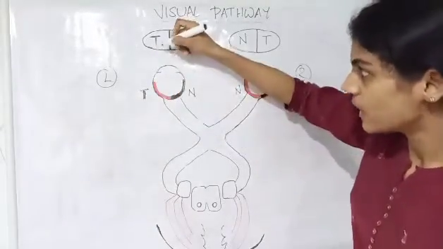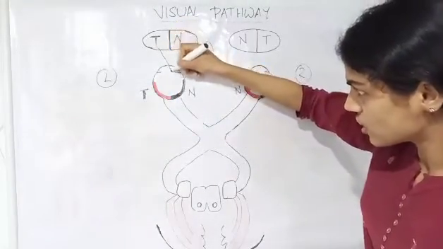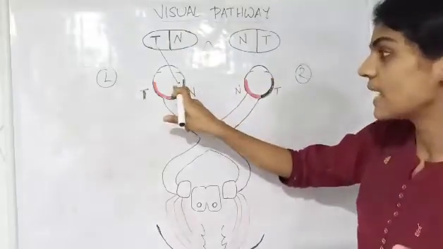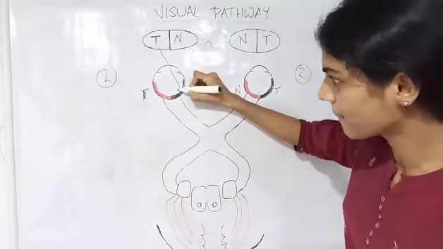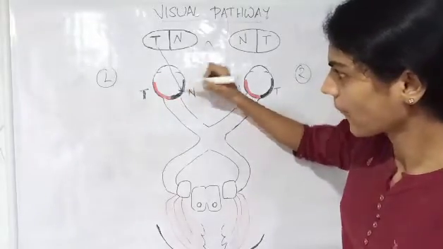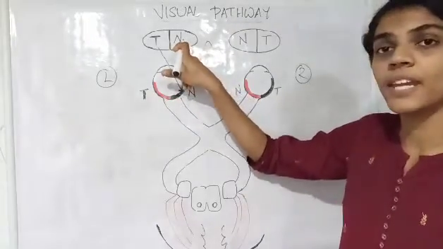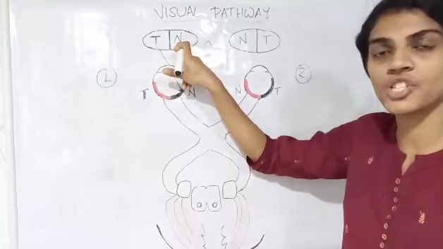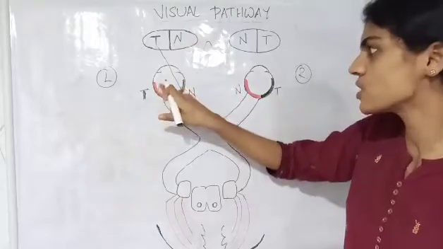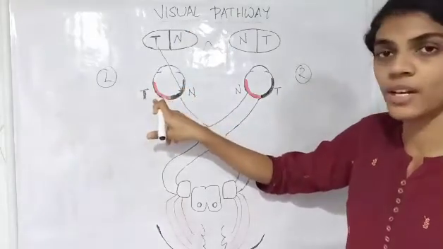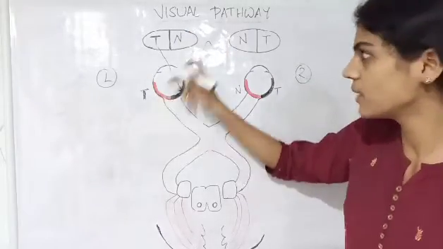So light rays from the temporal region strike the nasal hemiretina. And light rays from the nasal visual field strike the opposite side of the retina, that is the temporal side of the retina.